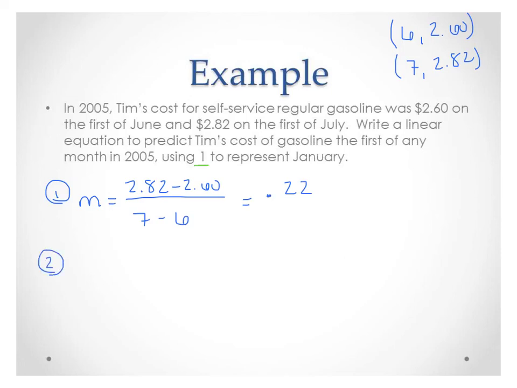And then I want to find a y-intercept. So I'm going to use y equals mx plus b. I'm going to go ahead and use my first point. 2.60 equals 0.22 times 6 plus b. Get out my calculator. 0.22 times 6 is 1.32.